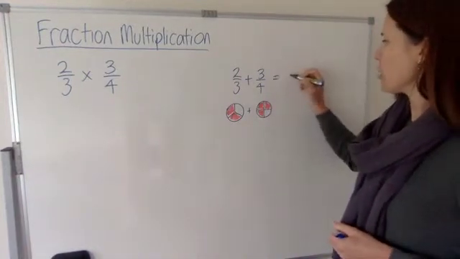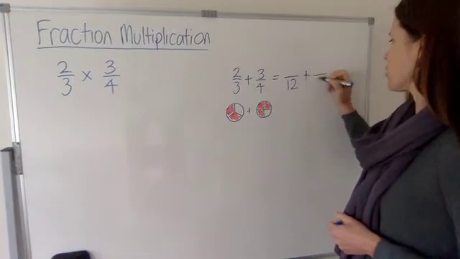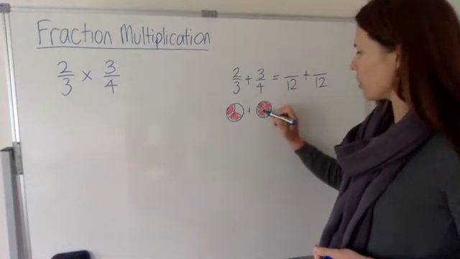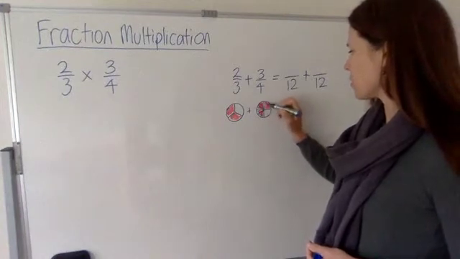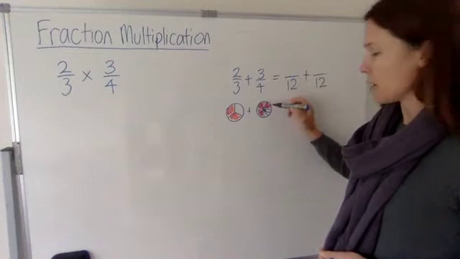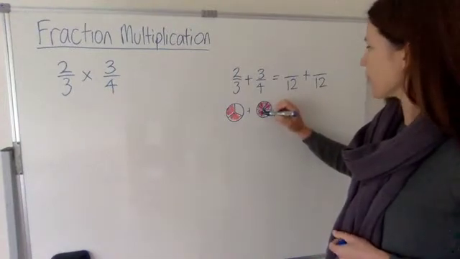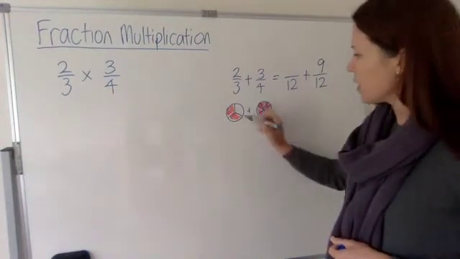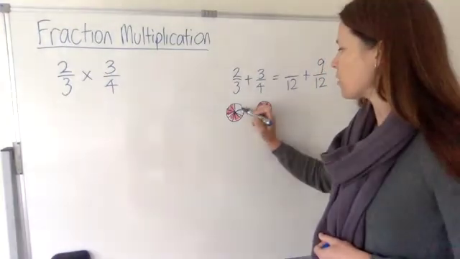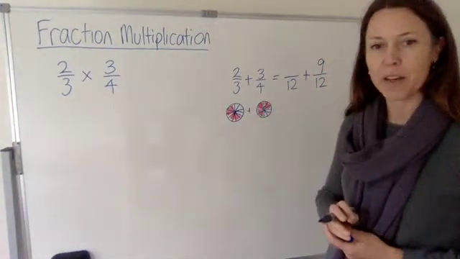So when we do a question like this, we turn them both into twelfths because thirds and quarters both communicate well with twelfths. We can divide up these quarters into 3 pieces each, because if we had 12 pieces of pie or pizza, having 9/12 is the same as having 3/4. And if we divide these ones into 4 pieces each, that too would make 12 pieces of pizza in the whole circle.